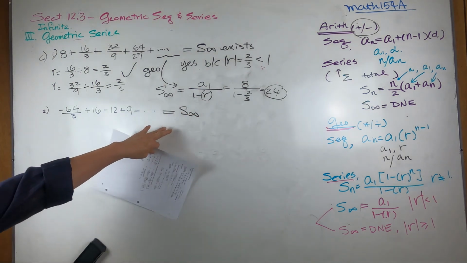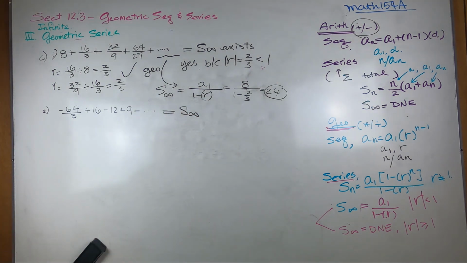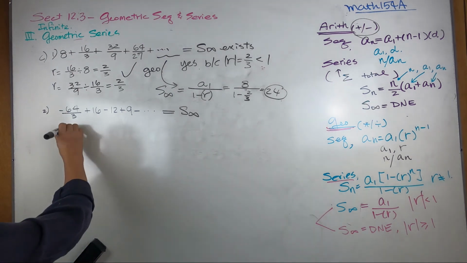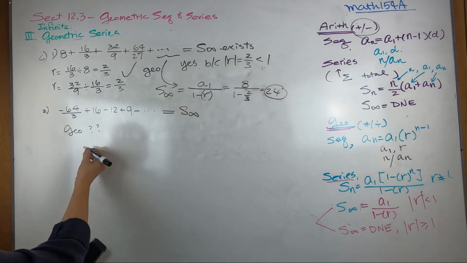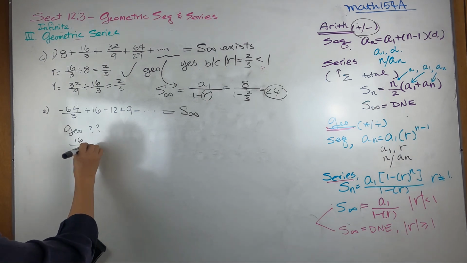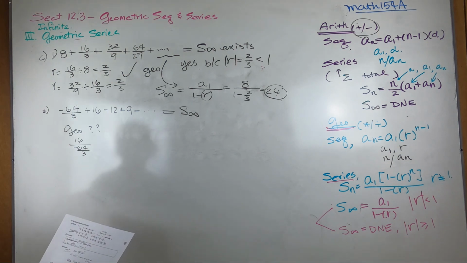So when we have dot, dot, dot, we find the S infinity, right? Infinite series. So we have to decide, do we have a geometric sequence? Let's check. So you do 16 divided by -4/3, right? So what do we have?